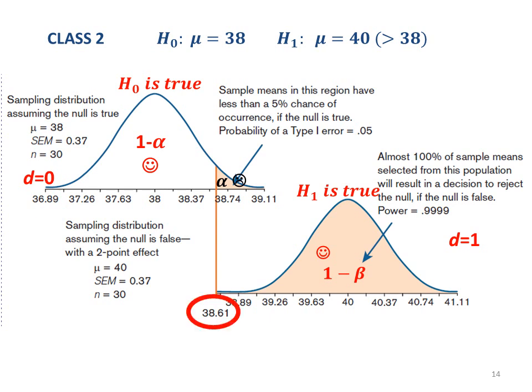So we assume H1 is true and the population mean is 40 and the effect size is 1. So almost this whole pink area is the power for the test. So the point of this comparison is that in class 2, the effect size is larger, so the power is larger.